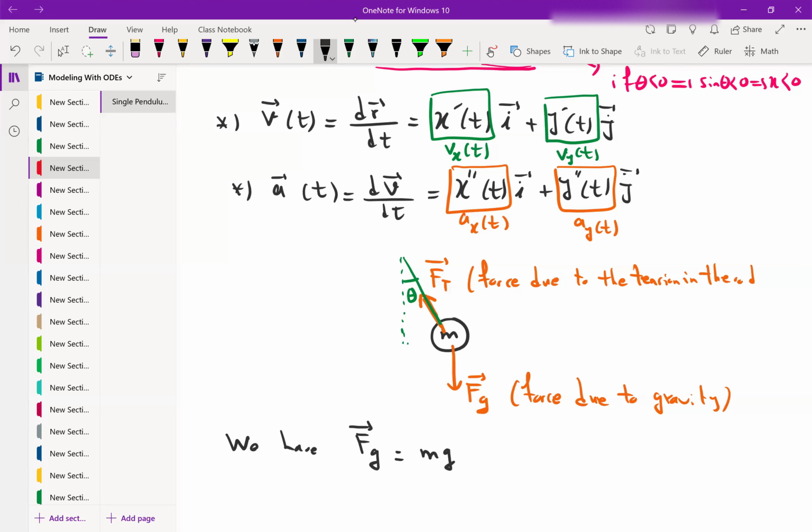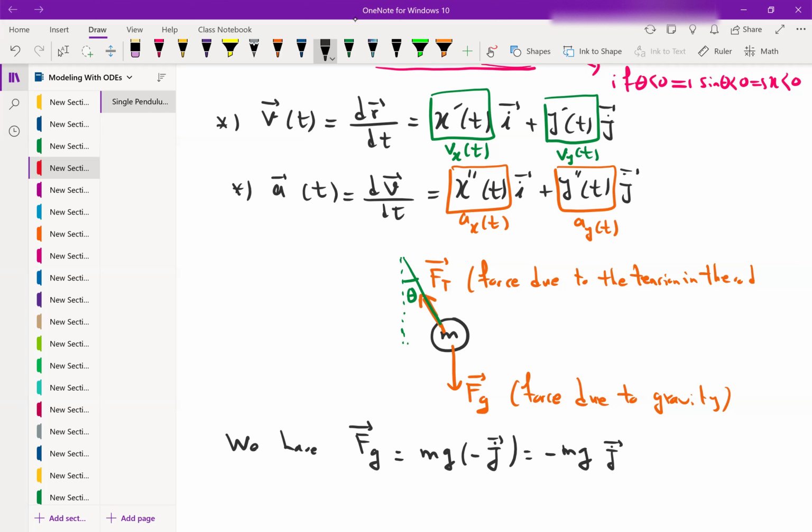And what is the direction here? The direction is the negative y-axis. So we have the unit vector negative j. This is equal to negative mg j. j is the unit vector in the positive y-axis direction. Negative j is the unit vector in the negative y-axis direction.